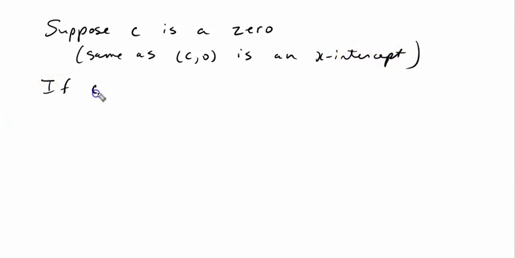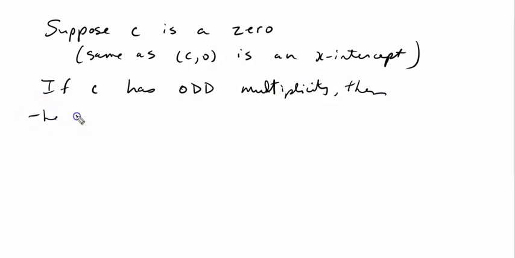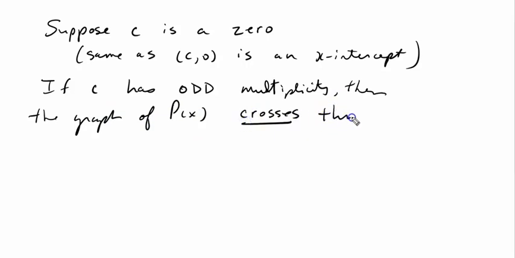If c has odd multiplicity, then the graph of your polynomial p crosses through at your x-intercept c comma 0.